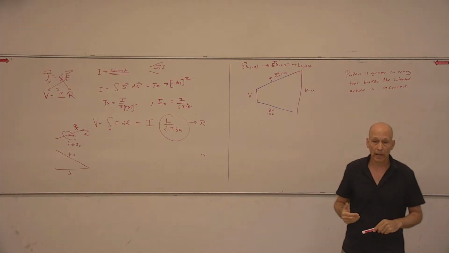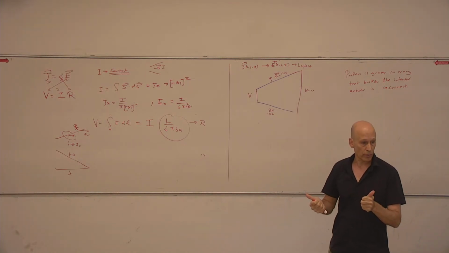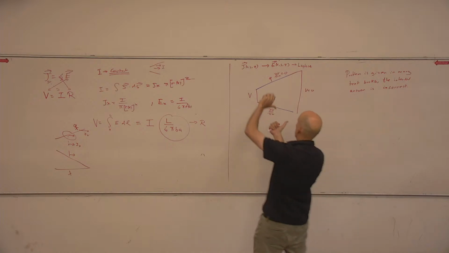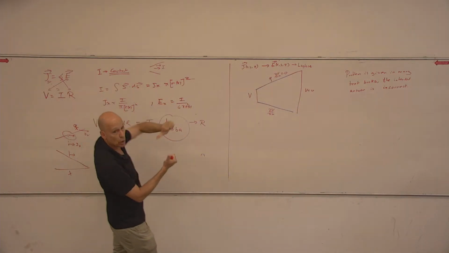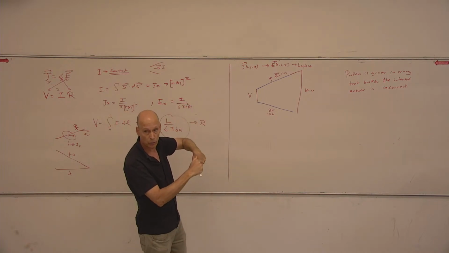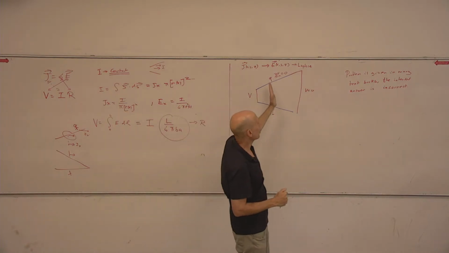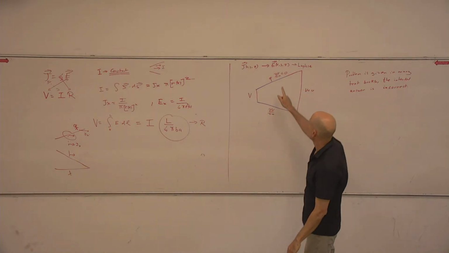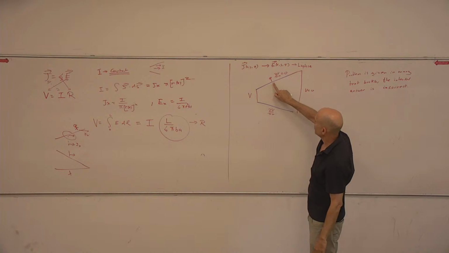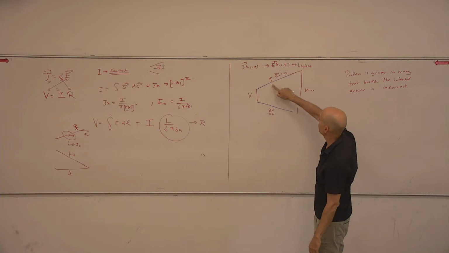Because dV/dn will give you the electric field. The electric field gives you the current, but there's no current, so that's equal to 0. n is a normal to this line. The derivative in this direction, not in this direction, for example.